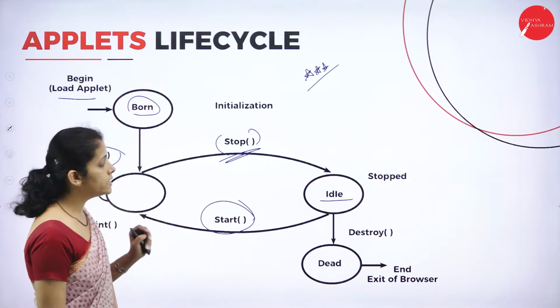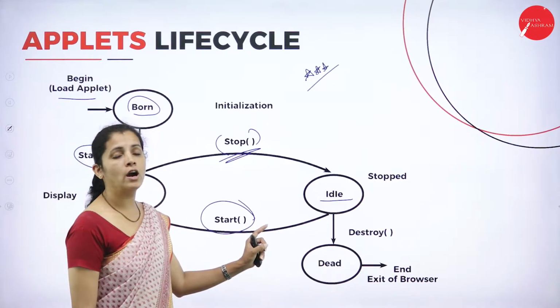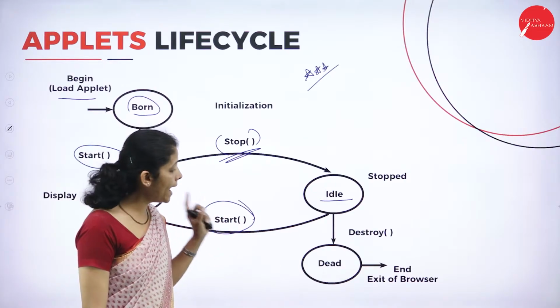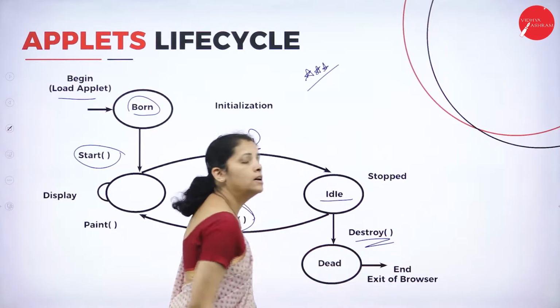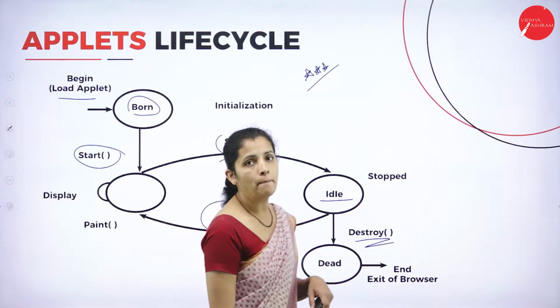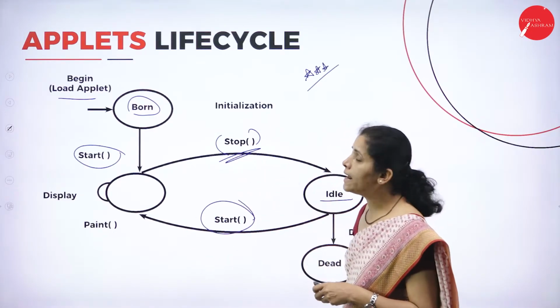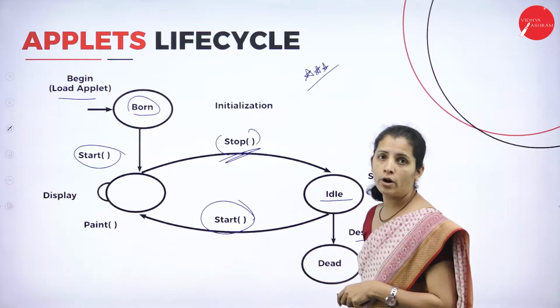And if I want to destroy or end the execution of an applet, then I can call the destroy method. And this is the life cycle of an applet. So dear student, this is very important.